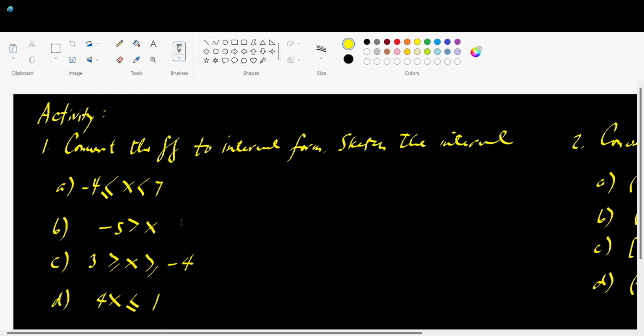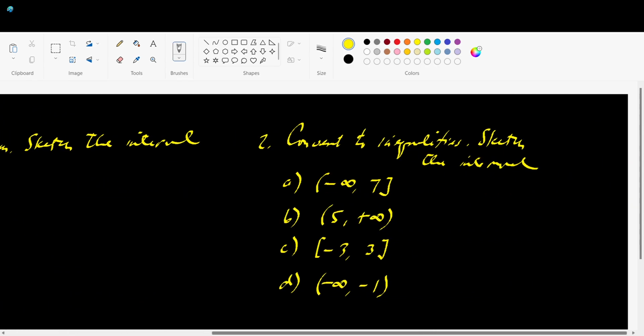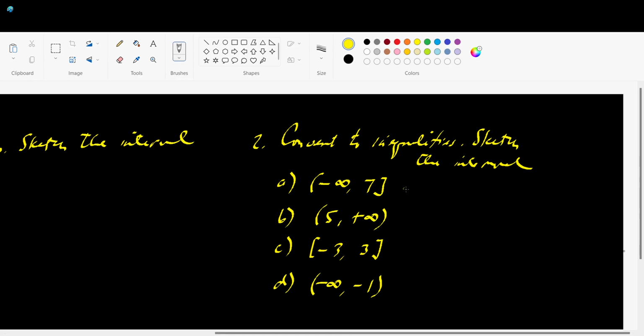Okay, so convert this in interval form and sketch the interval. For the second set, convert these intervals into inequalities and sketch the interval.